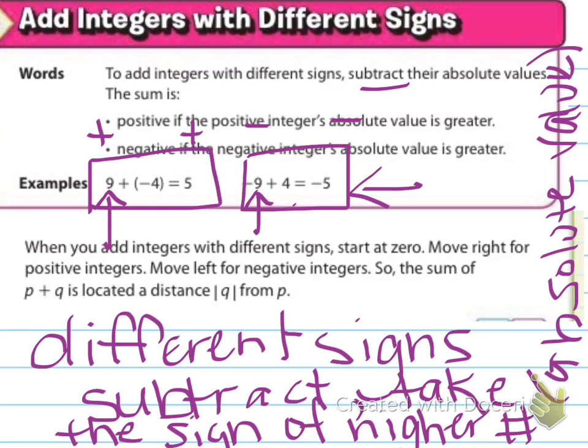All right, so different signs subtract. Take the sign of the higher number, absolute value. And remember that we say absolute value because, of course, a -9 would be smaller than a +4, but because we're talking about absolute values, 9 is the bigger number, and I take the sign of the negative number then.